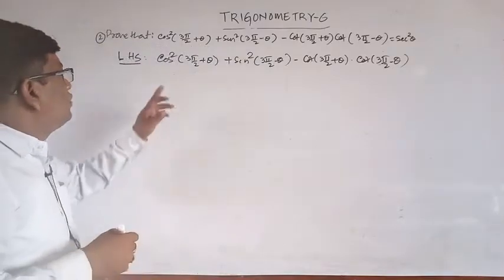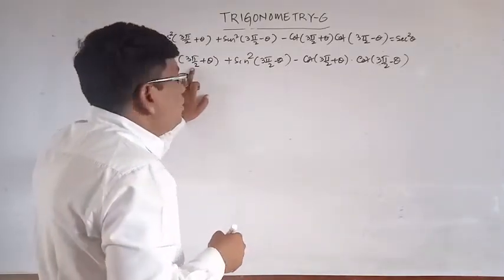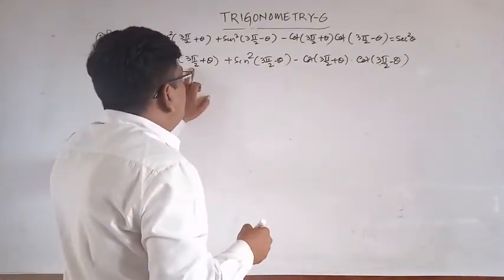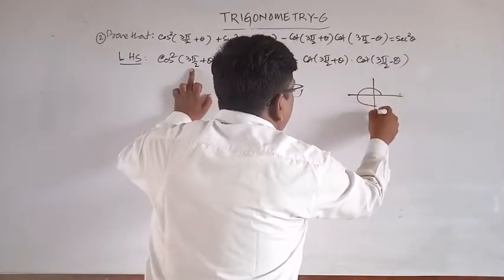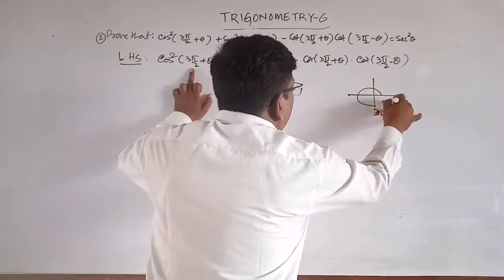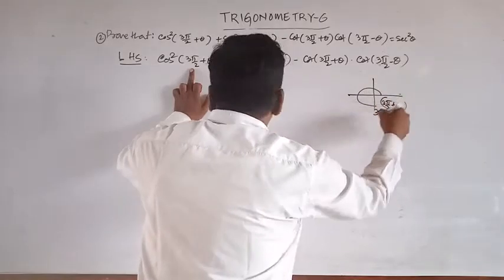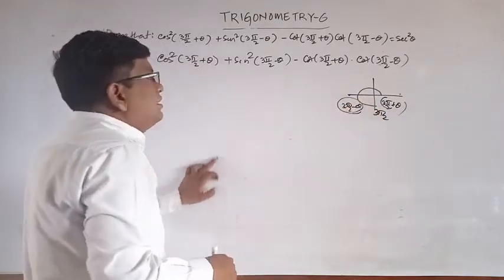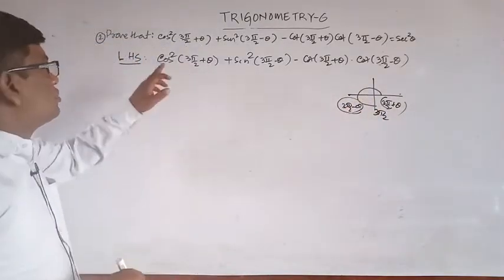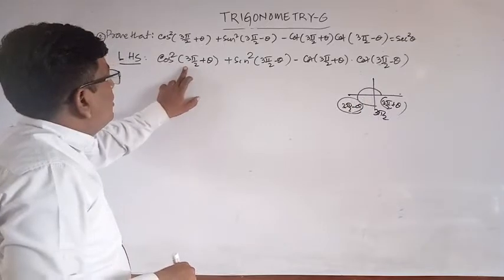So, we know that 3 pi by 2 plus theta lies in fourth quadrant, and 3 pi by 2 minus theta lies in third quadrant. That is fourth quadrant.